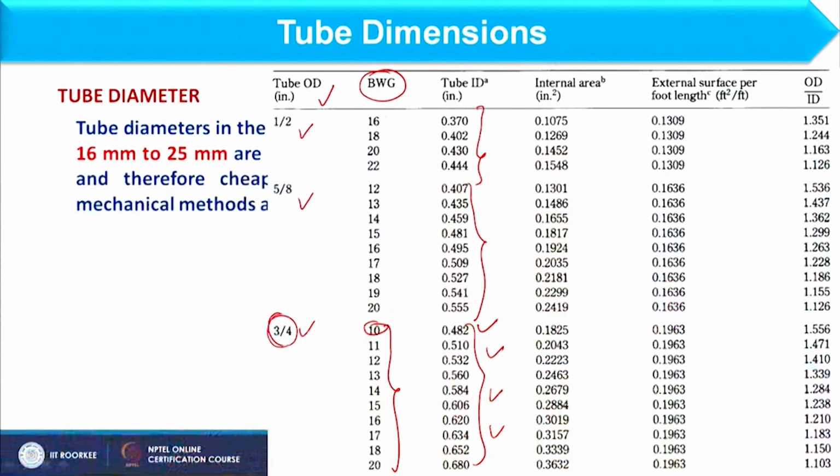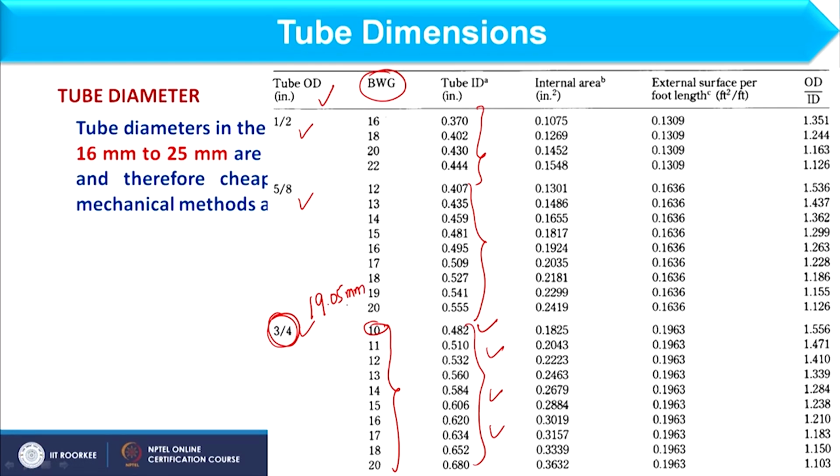Now, as we have already discussed, the optimum diameter should be within 16 mm to 25 mm. So, if you consider 3 by 4 inches and convert it, you will find 19.05 mm.